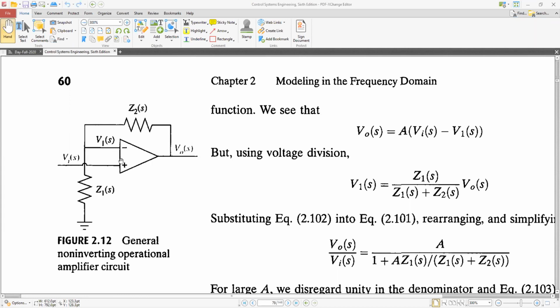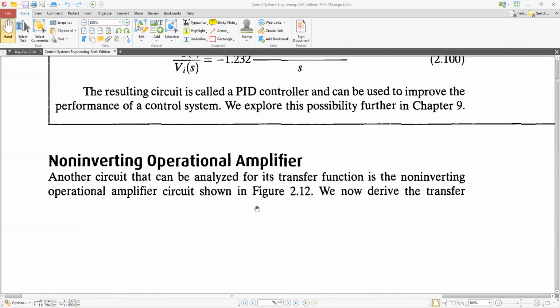What is the difference? Previously the second terminal was grounded, but now the second one is not grounded. It is connected with the source.